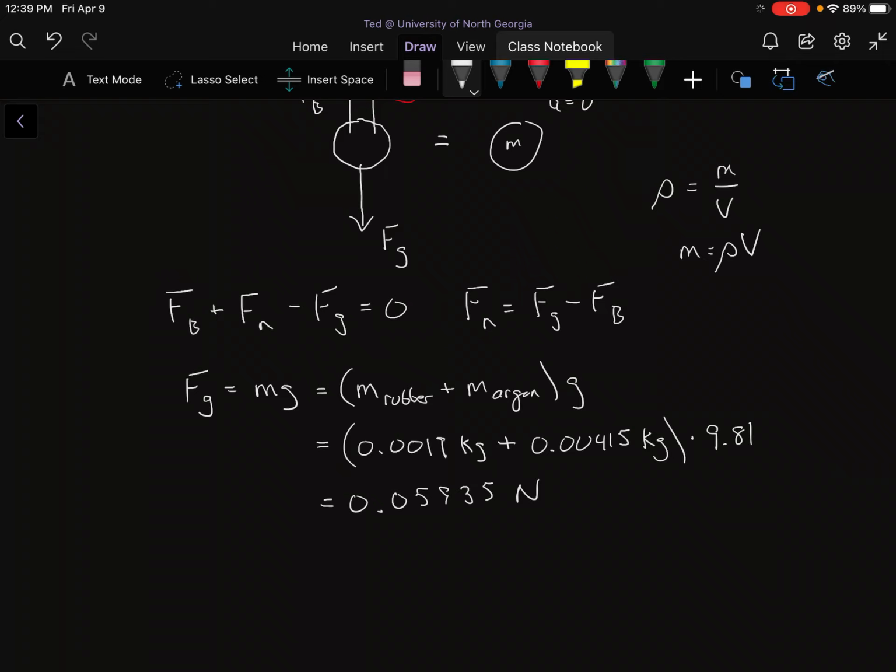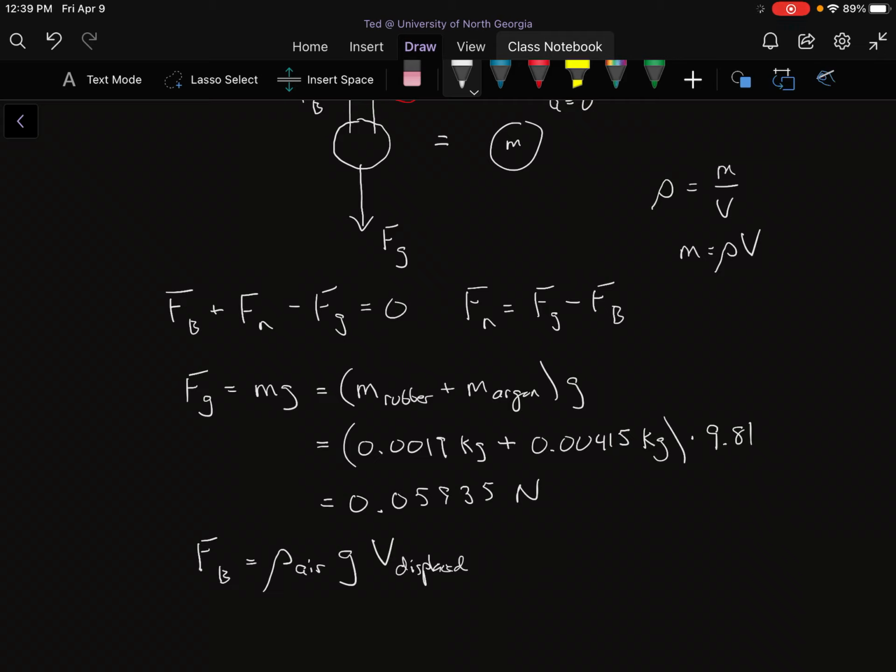Now to find the buoyancy force, we need the density of the air outside the balloon. Remember, when we're calculating buoyancy forces, it's the density of the fluid that you're floating in. So in this case, it's the density of the air times g times the volume of displaced air.